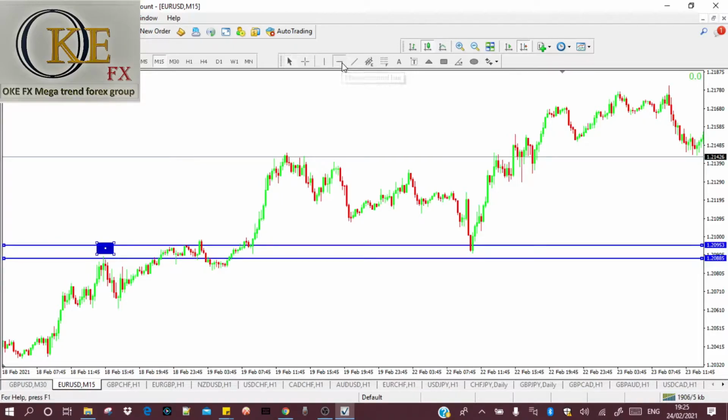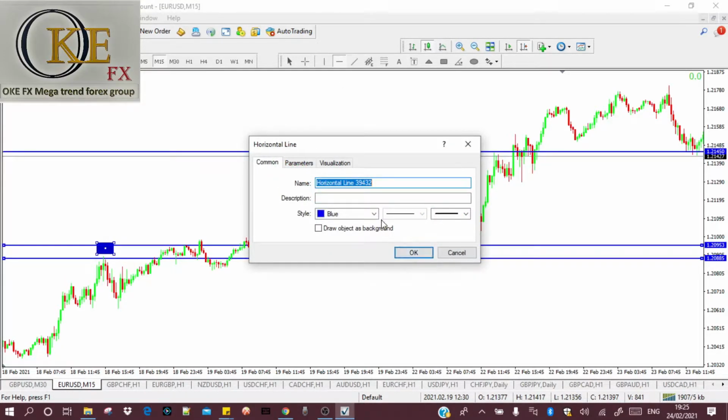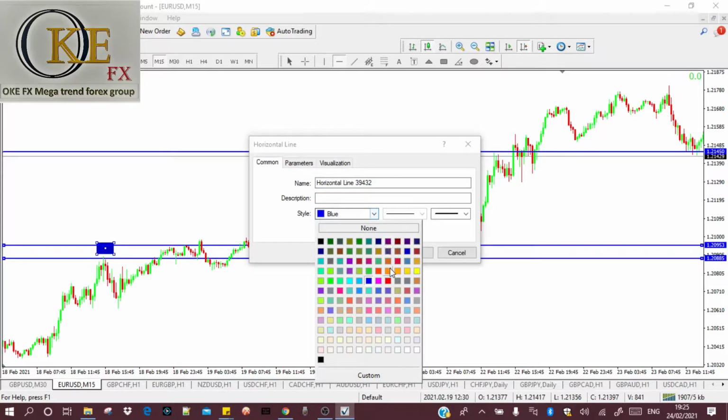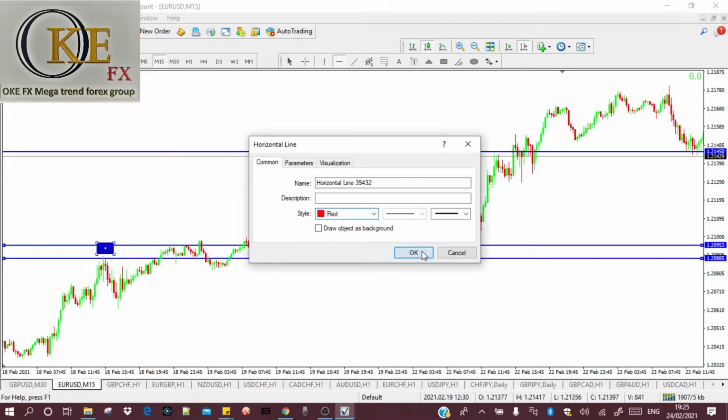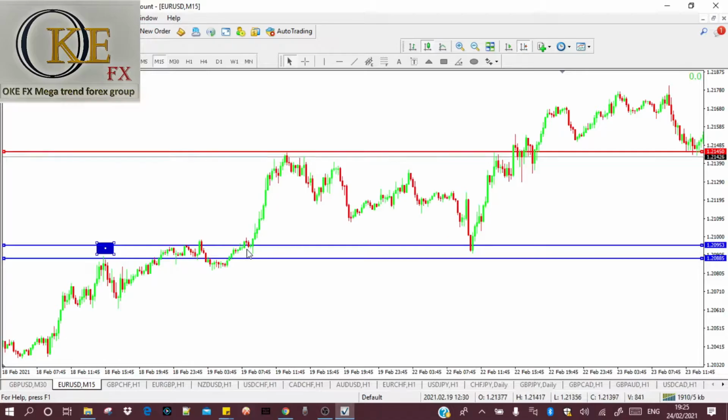Now look at another example here. This here, can you see? Let me label it red since it's the top. Can you see? So this is now a resistance. This is a resistance, this is a support. Now depending on the time frame you are, this is what you might also call a range.